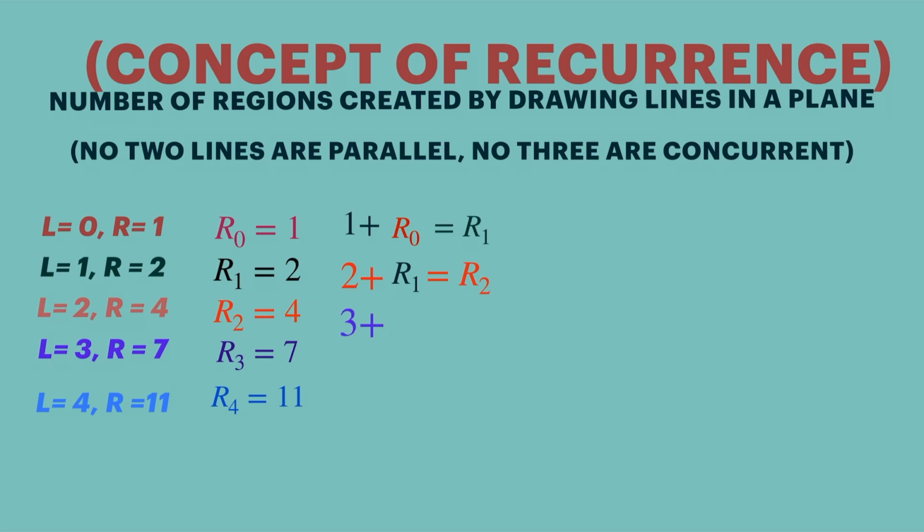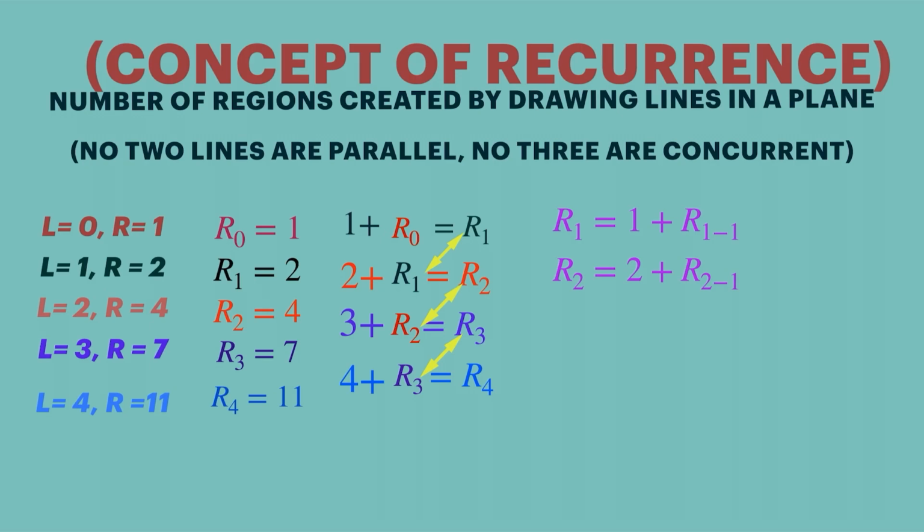So in this way, we write 3 plus R2 equal to R3, 4 plus R3 equal to R4, and we see a relation between two consecutive values of R. From 1 plus R0 equal to R1, we write R1 equal to 1 plus R1 minus 1, and from 2 plus R1 equal to R2, we write R2 equal to 2 plus R2 minus 1.